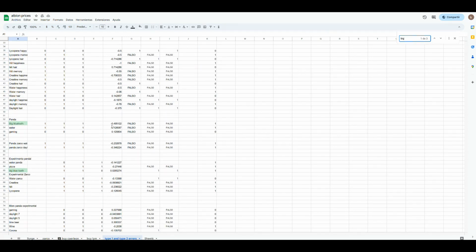It came out negative 0.495 for the type 1, I mean the p value. The hypothesis was rejected. Yeah, everything's 1.